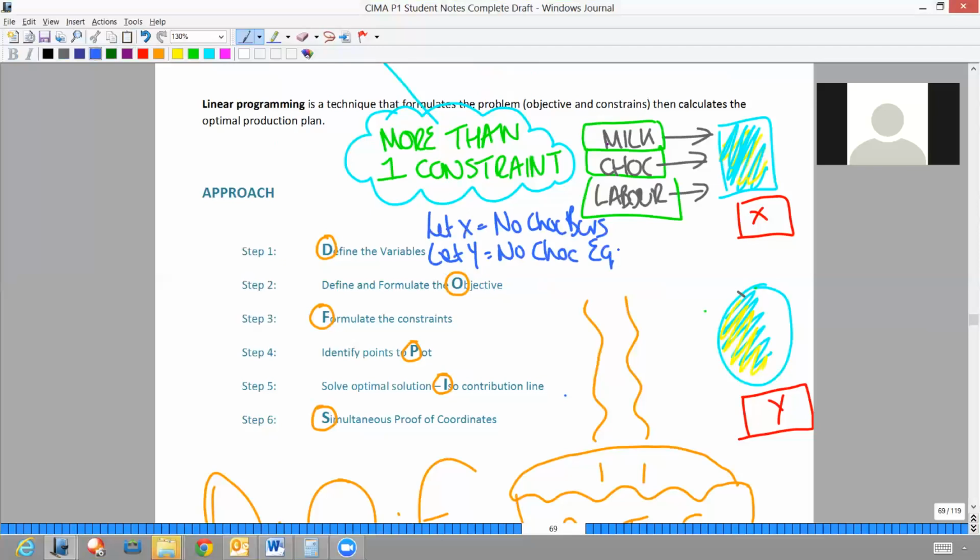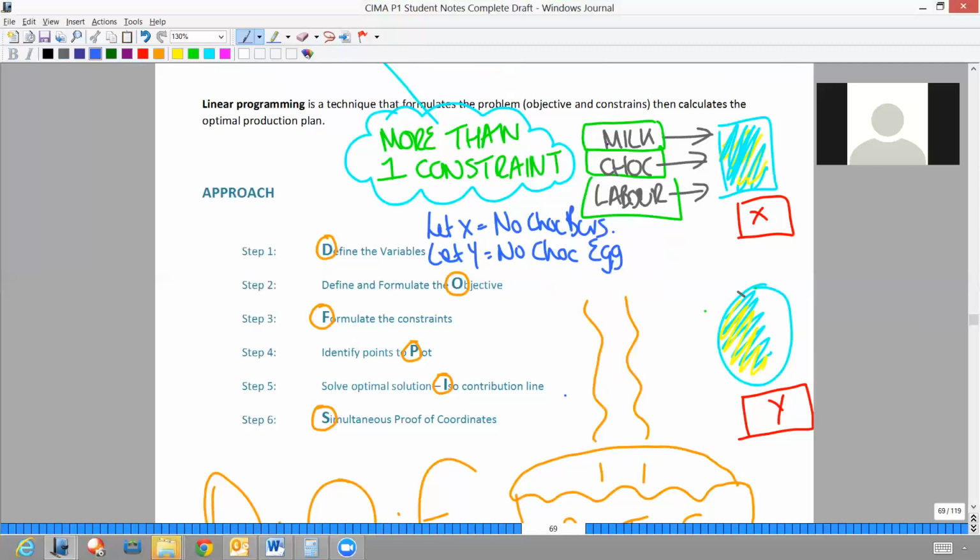Now the chances are they are going to call them X and Y, and if they don't, remember you're not doing a written exam, but for ease I would always change them to X and Y, because you will always handle X and Y in every single question that you do, and it makes every single question feel the same if you do that, I promise you. So you define the variables, which is telling your examiner that you're using a shorthand and we're renaming the products. You don't need to tell your examiner anything, okay, because you're not doing a written exam. However, in your calculations, I would still define the variables and I would still make them X and Y.